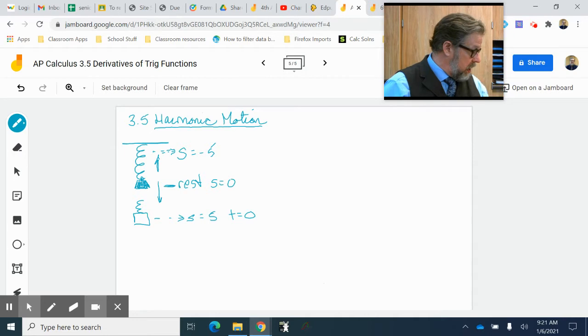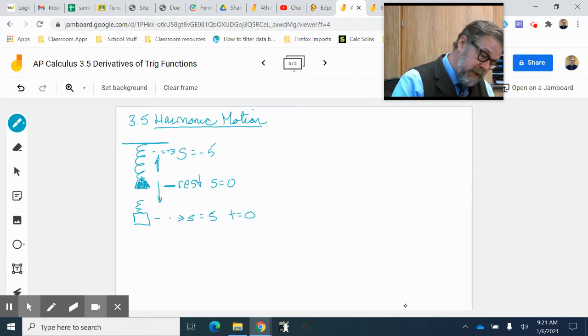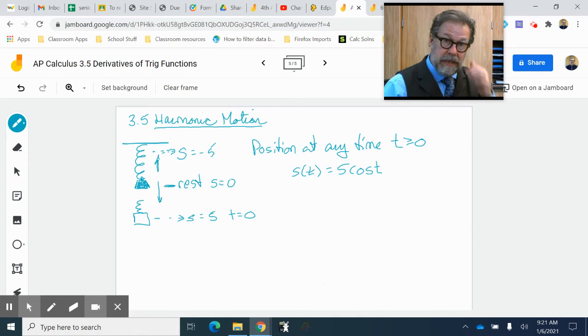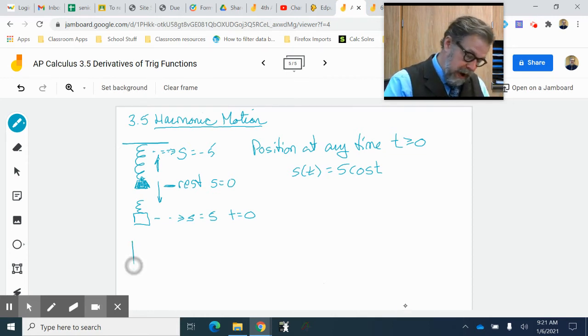So here's what we know: the position at any time t greater than or equal to 0 can be written as s of t equals 5 cosine of t. And if you need a little convincing, think about what we've got here.